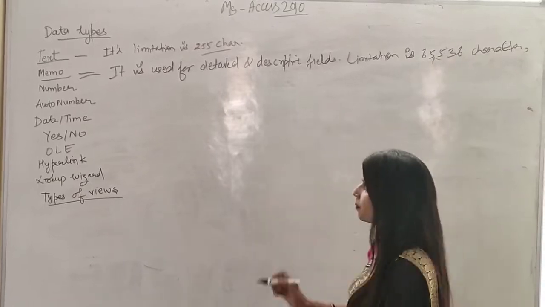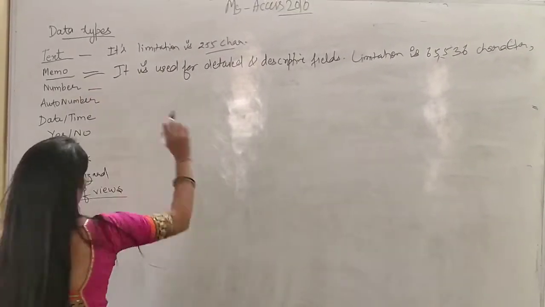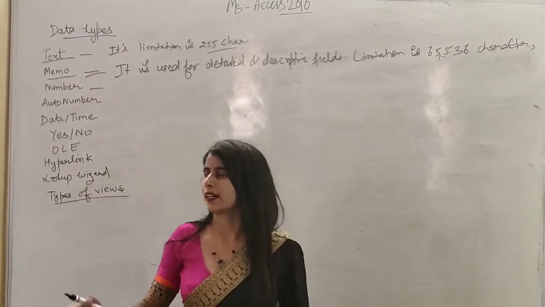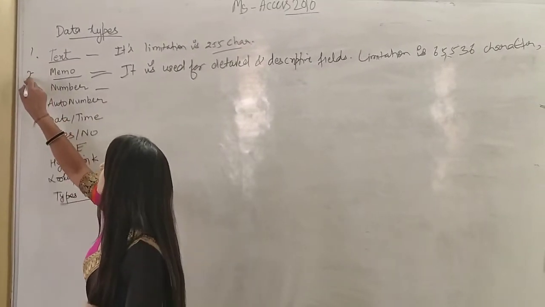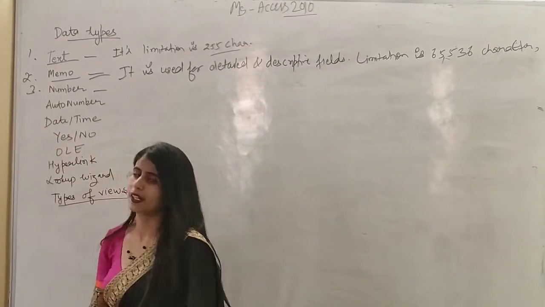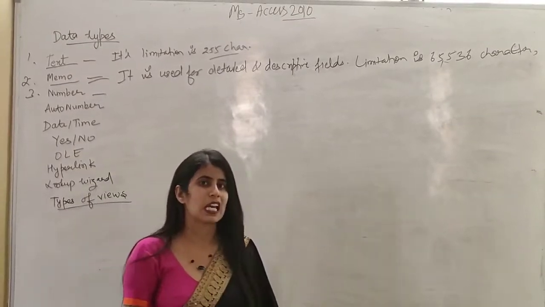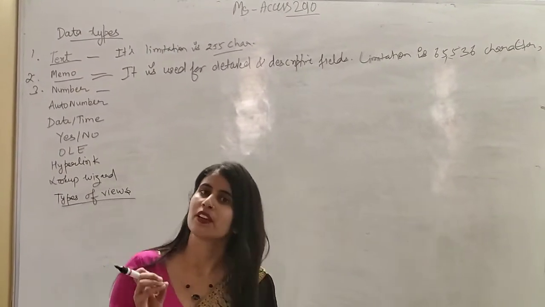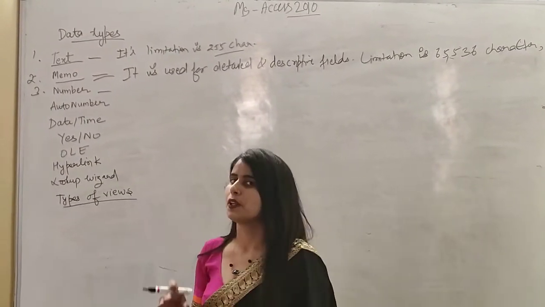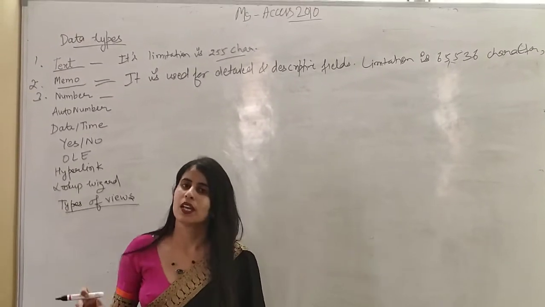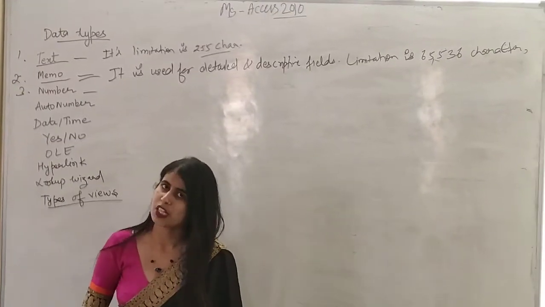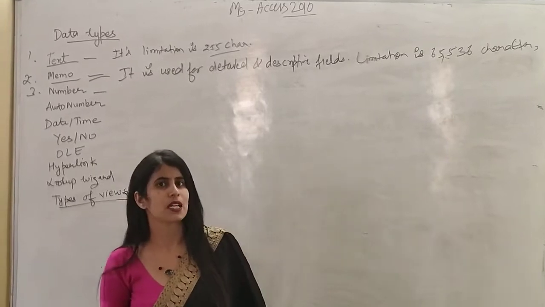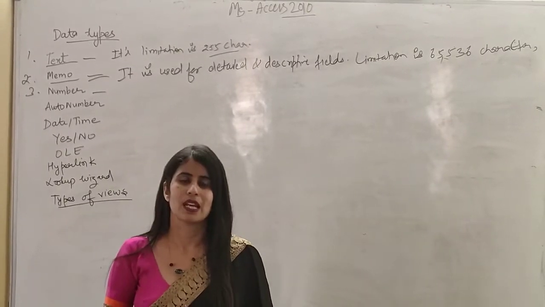Okay, the next one is number. It is the third data type. In the number data type we can enter numeric values that we use for any kind of calculation. For calculation purposes we use the data type known as number.